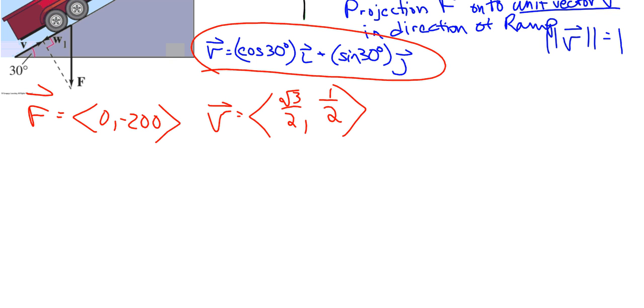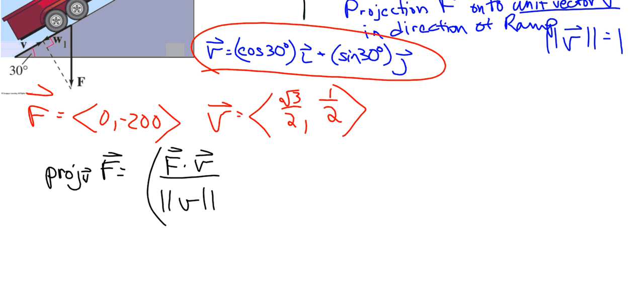Now I'm going to do it just like the previous problem. I have two vectors, and I'm going to find the projection of F onto V. The projection of F onto V is going to be the dot product, F dot V, over the magnitude of V squared, times vector V. Why is that desirable to me?